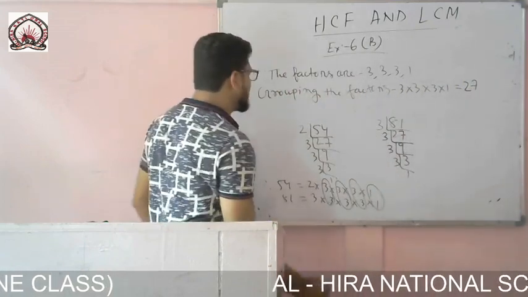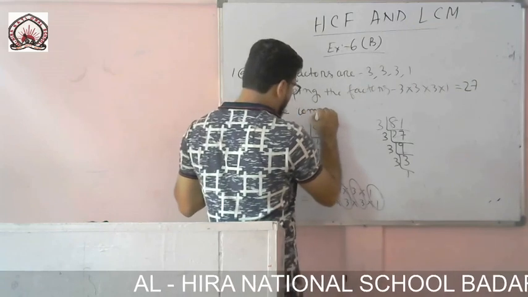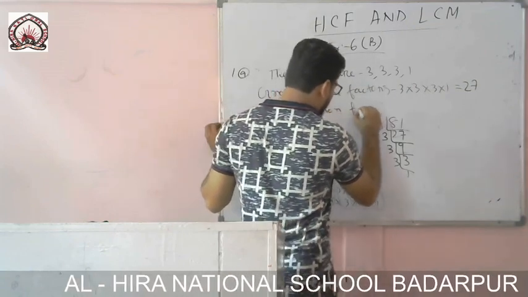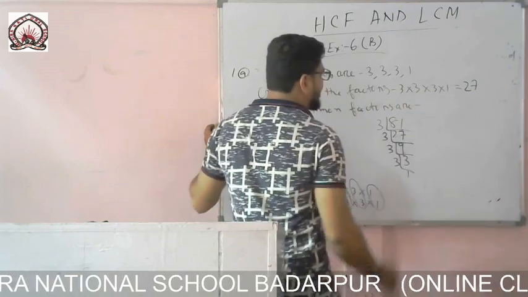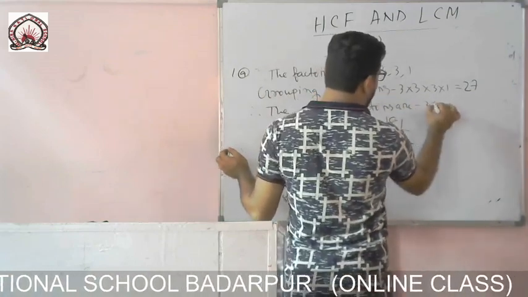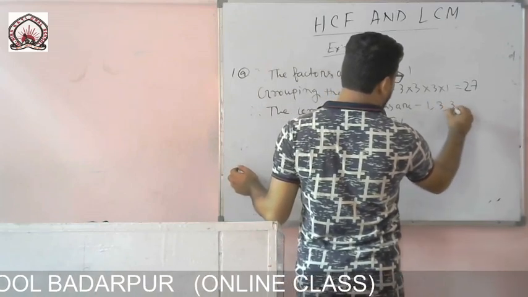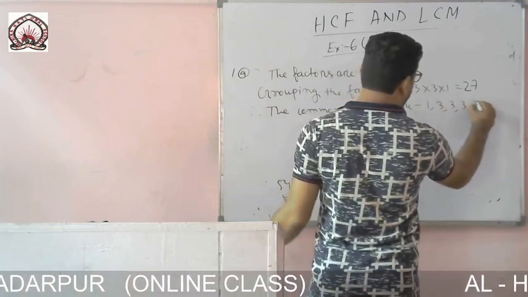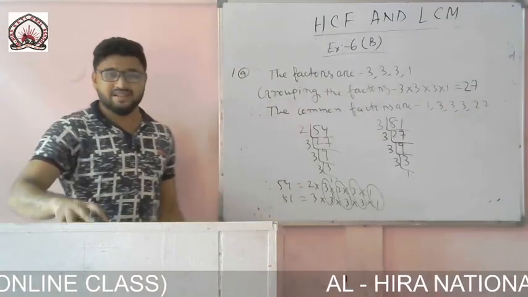Okay, so write. Therefore, the common factors are 3, 3, 1, 3, 3, 27. Among these, which one is greatest? 27 is the greatest.